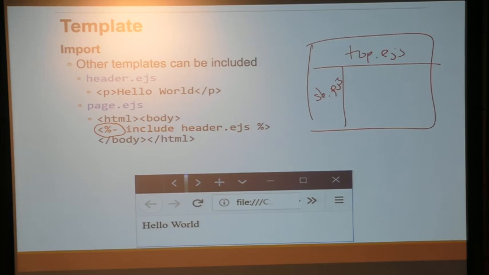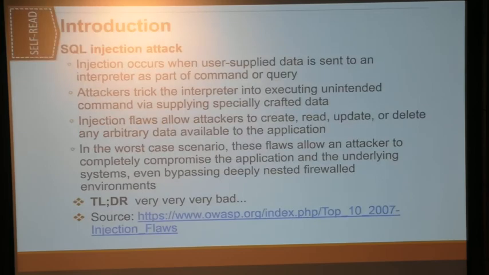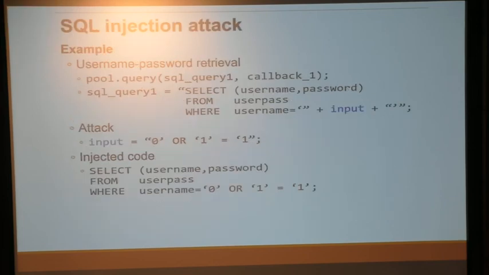Okay? So that's the very basics of application development. Now, this is something that is, again, obviously entirely optional. If you want to secure your database, there is a possible injection attack. Now, I don't grade on security, but try to make things as secure as possible. This is a very famous injection attack.